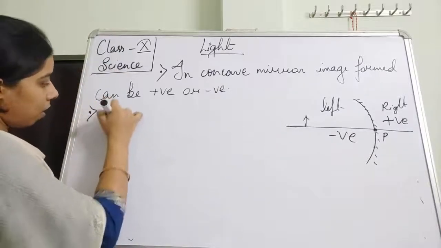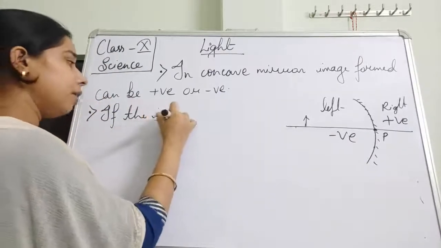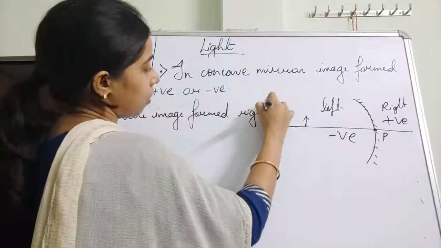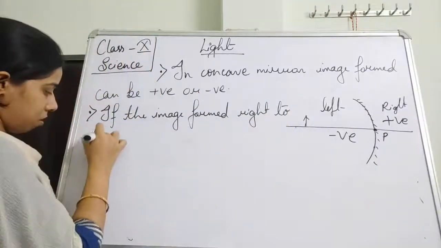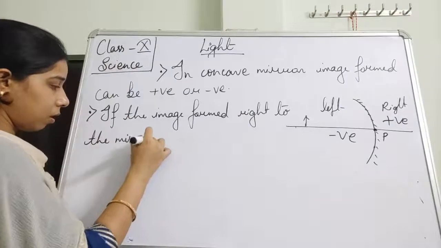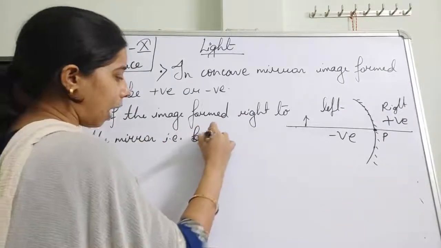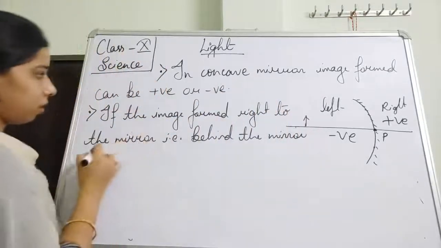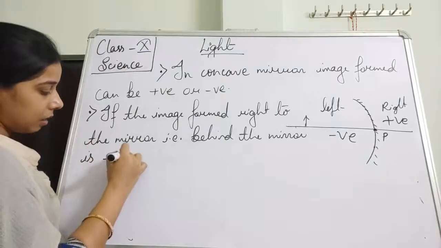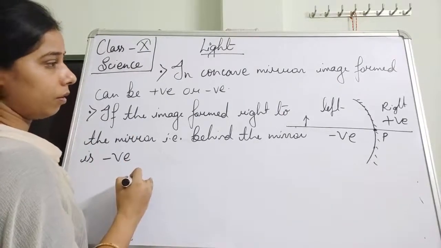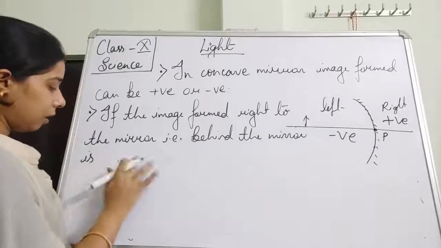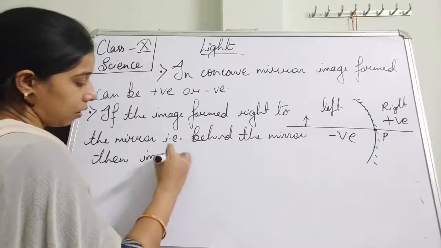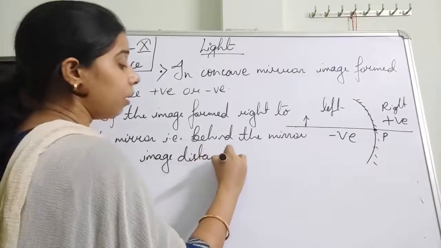If the image is formed at the right side of the mirror, that is behind the mirror, then the image distance, which is represented by V, is negative.